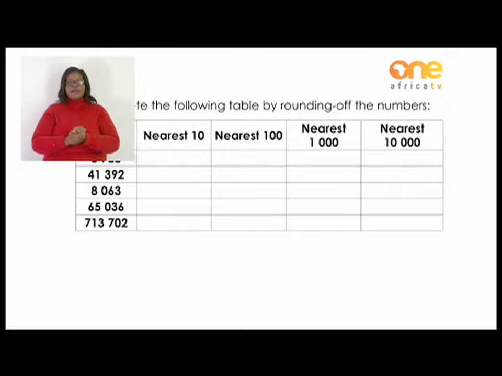You must round that number to the nearest 10. Remember that 10 is also T. You have to round off also the same number to the nearest 100. 100 is written in numeric, so you need to also understand that 100 is also H, capital H.